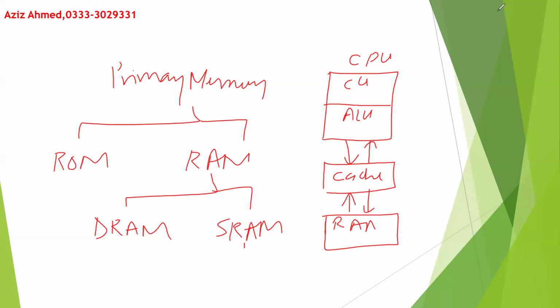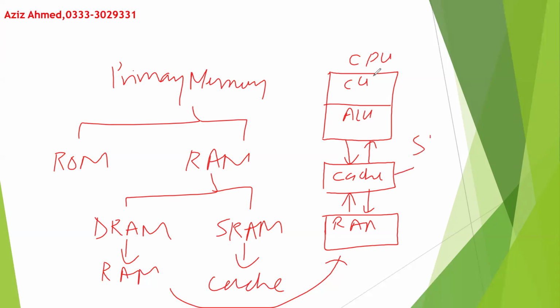Now, SRAM is basically cache, and DRAM is the actual RAM. This one. Okay. Cache basically is a faster memory which stores data in megabits. So whenever CPU requires an instruction, it will search the memory that is called cache or SRAM.